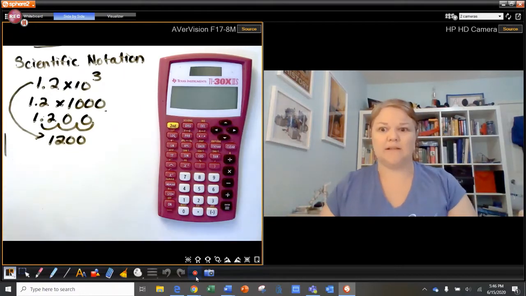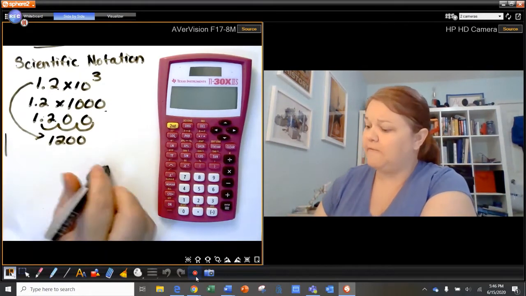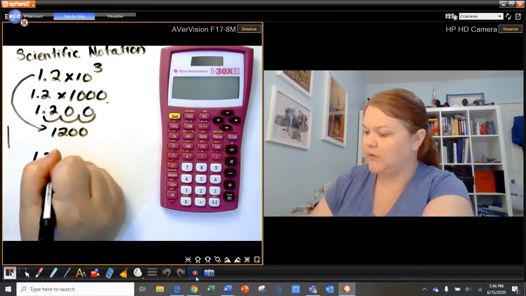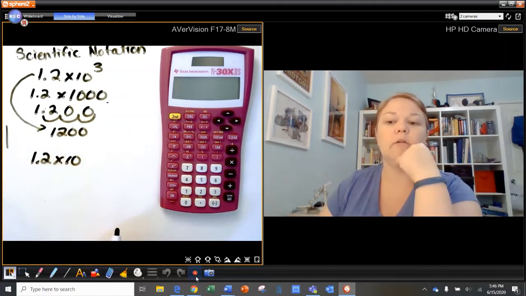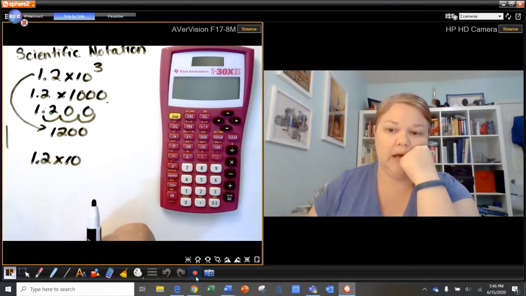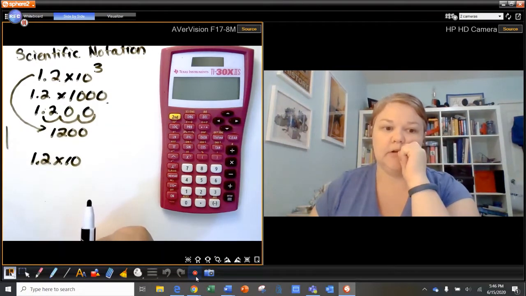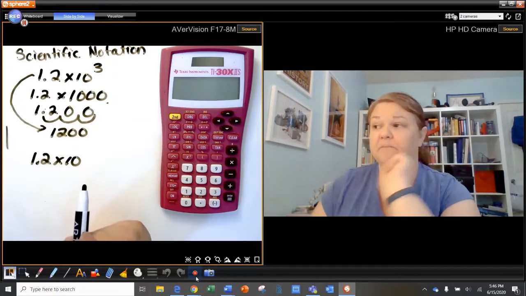Now, why do we use scientific notation? Well, let's try a different number. If we had something larger, so say we had 1.2, but we're dealing with the number of atoms in a graduated cylinder, number of atoms, or say number of molecules of water.